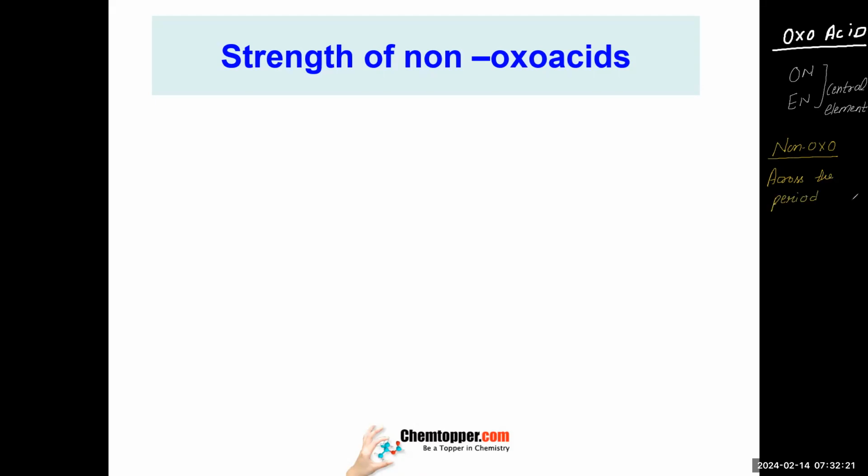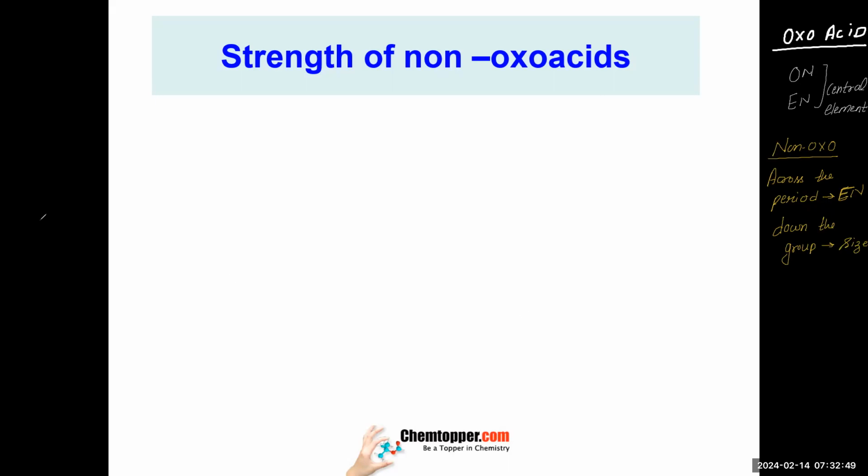Remember this, across the period, it is the electronegativity which is the dominating factor, not the size. And yes, Azuni, down the group, it is the size.